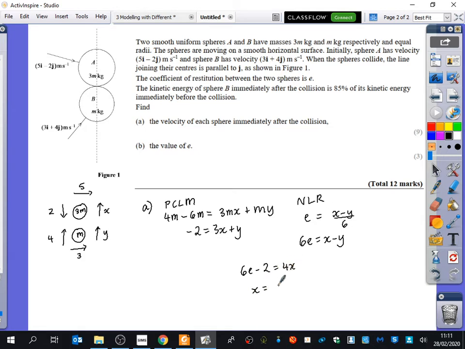So x is equal to 3 over 2 e minus a half. And then y would be equal to minus 2 minus 3x. So that's minus 2 minus 9 over 2 e plus 3 over 2, which is minus a half minus 9 over 2 e.